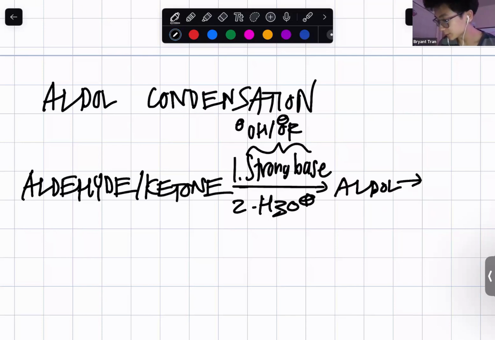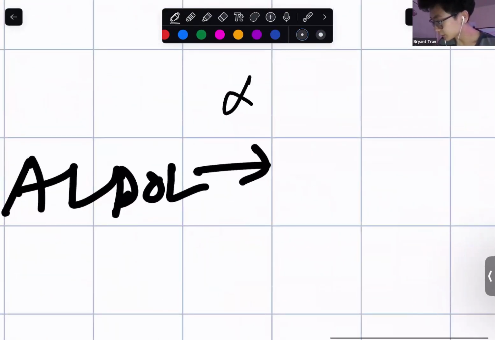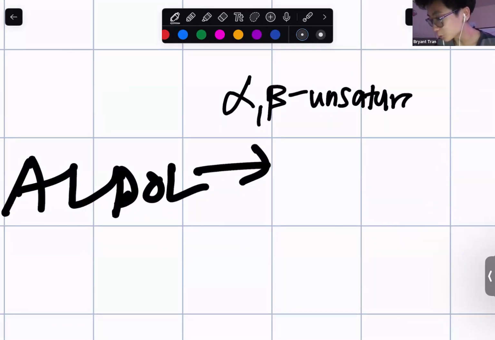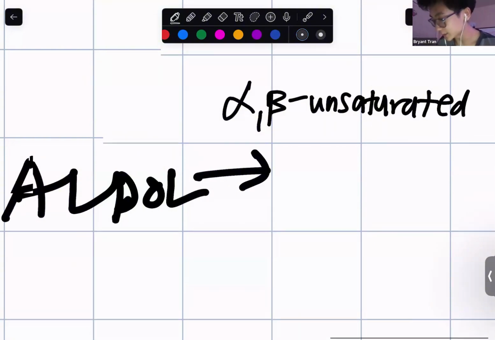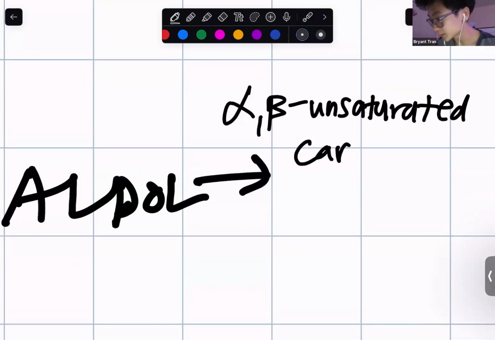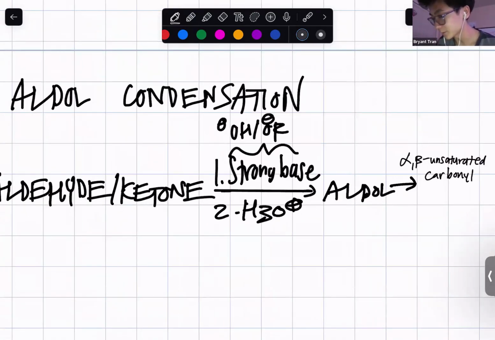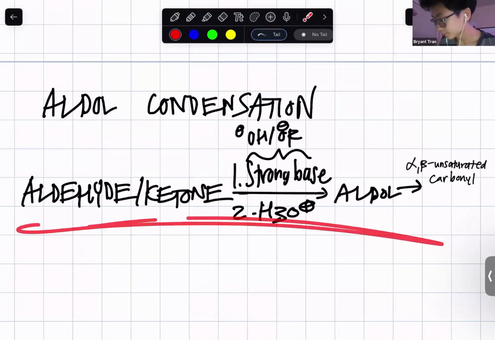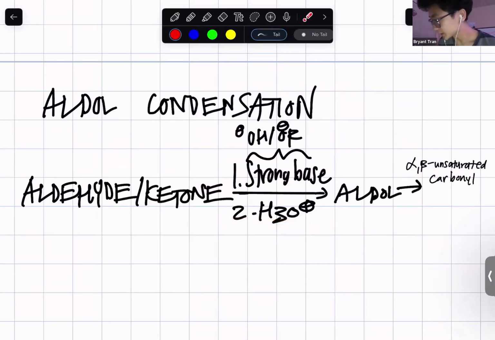Which is eventually gonna become something called an alpha, beta unsaturated carbonyl. And I'll go over what these mean when I go over the mechanism, but these are just the terms that are gonna be the big picture. So when you guys go back to this review, you can understand what these mean more clearly.